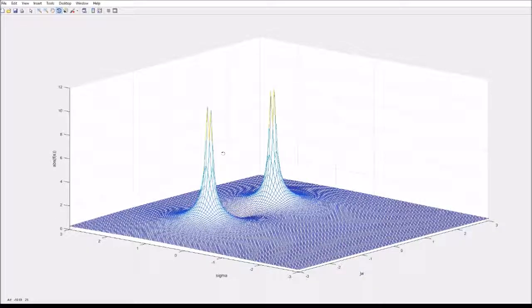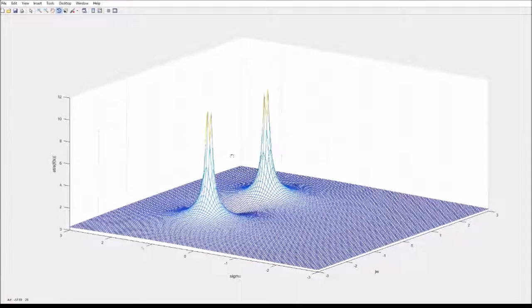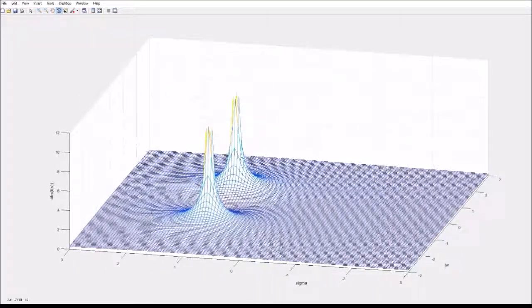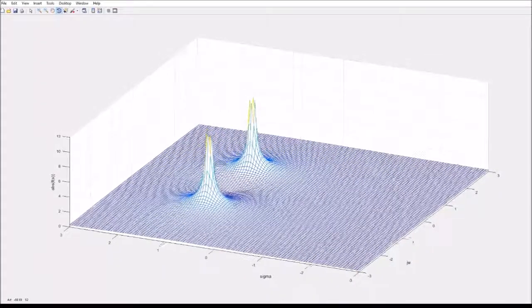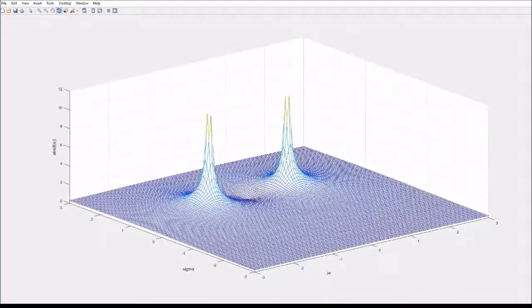Okay, and you notice that it's similar to before, but the only difference is that the whole function has been shifted in the sigma axis, in fact the one we've chosen has been shifted forward to a value of 1. Okay, and you can see the zero there, so they've all been shifted in the sigma axis by a value of sigma 1.